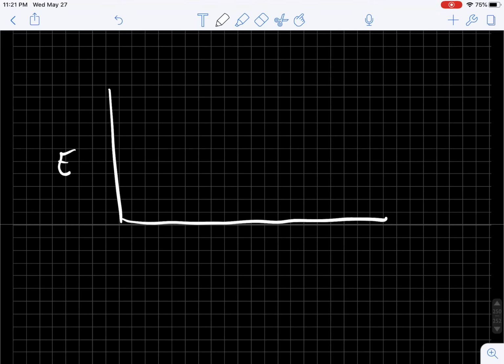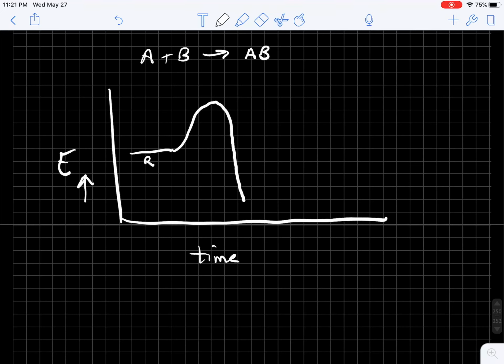First quadrant, we have energy on the y-axis, and we have time on the x-axis, and we have our reaction. Let's say we're reacting A plus B, and it's going to produce AB. We might get a pathway like this. Here are my reactants, A plus B. And my pathway might be something like this to get to my products.